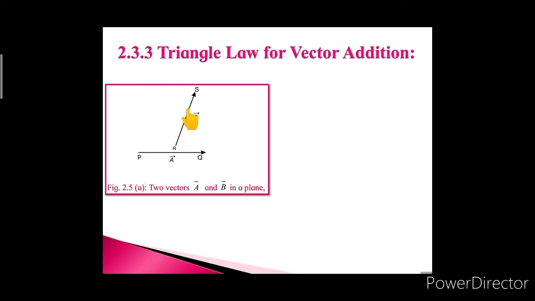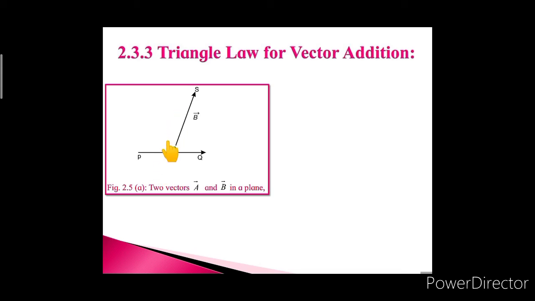The sum of these two vectors can be obtained by using the triangle law of vector addition, and the resultant vector is indicated by vector C. Vector A is denoted by PQ and vector B is denoted by RS. When two vectors of the same physical quantity are added together, they describe the two sides of the triangle, and the third side of the triangle will be the resultant, that means the addition of these two vectors.